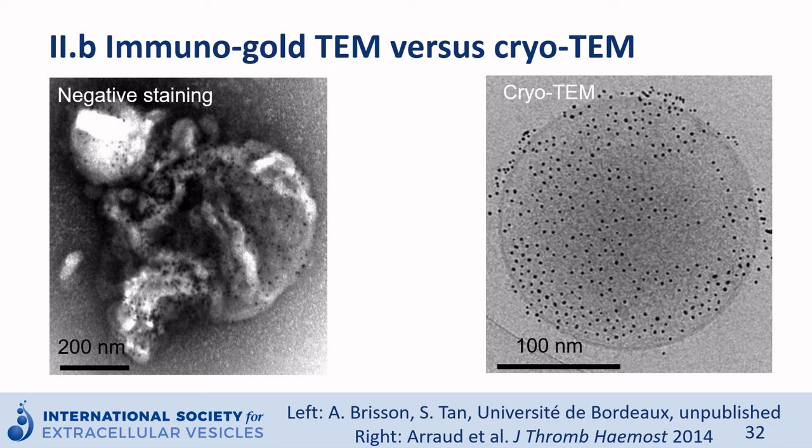But on the left, the EV is extensively collapsed so that the amount of stain deposit is highly variable over the EV, which makes the image interpretation difficult, although this is an excellent image, I must say. On the right, the spherical morphology is ideally preserved, which simply makes the image interpretation much simpler.